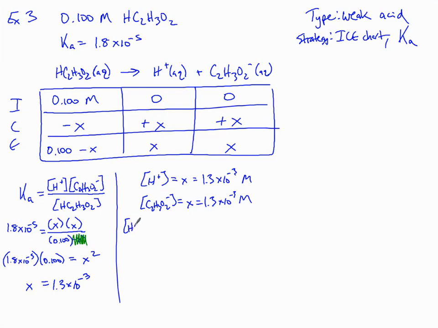The concentration of the acetic acid was 0.1 minus X, which is 0.1 minus this number. I actually already did this one. It ends up coming to 0.099 molar.